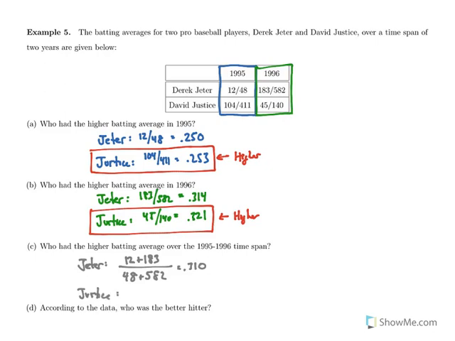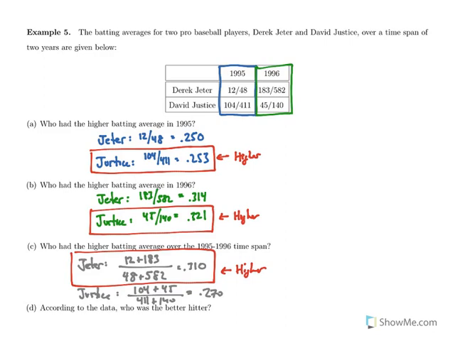For Justice, we're going to have 104 plus 45 on the top, 411 plus 140 on the bottom, which is going to give us about 0.270. So who had the higher average over both time spans? Derek Jeter did.